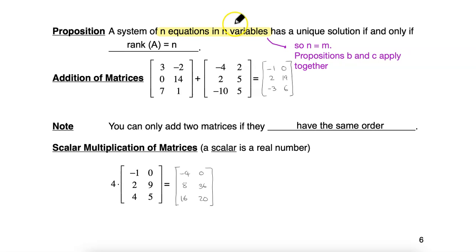That means n equals m, the number of equations is equal to the number of variables, so the number of rows is equal to the number of columns, and that means propositions B and C apply. So if you look at propositions B and C, one of them says that there's at most one solution, the other one says that there's at least one solution, so that these two together mean there is exactly one solution.